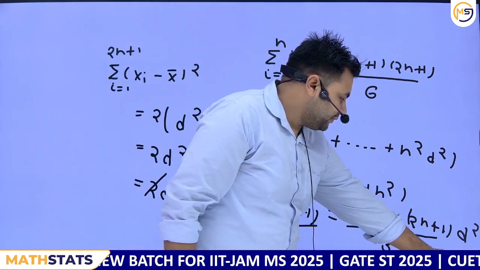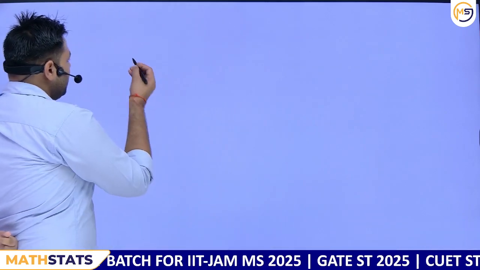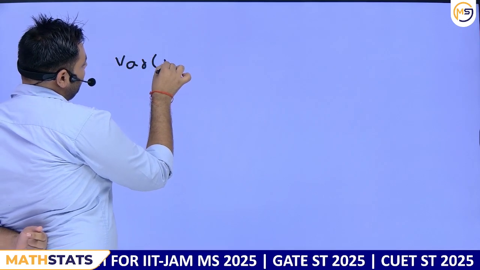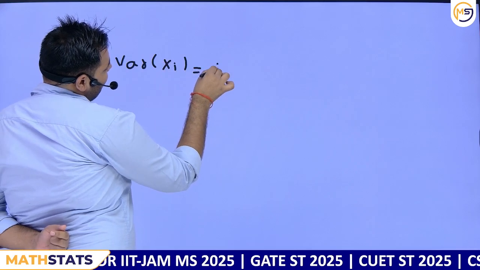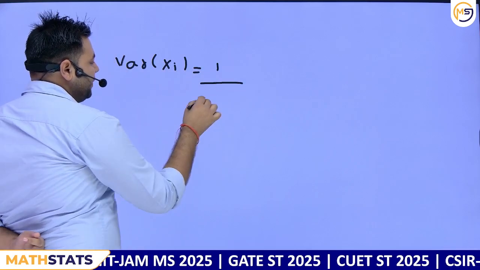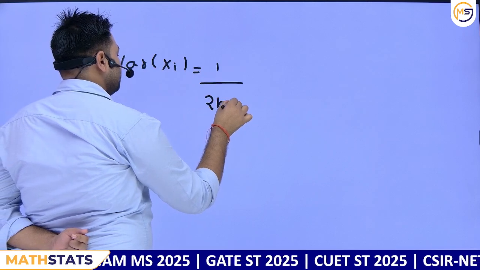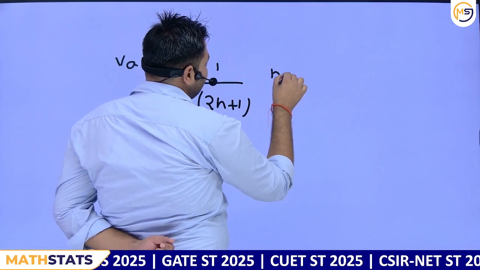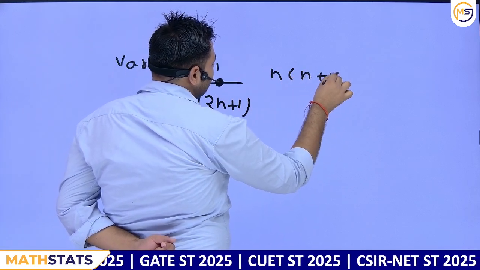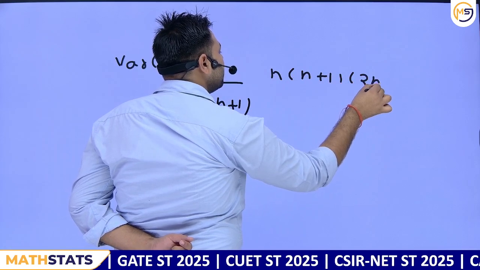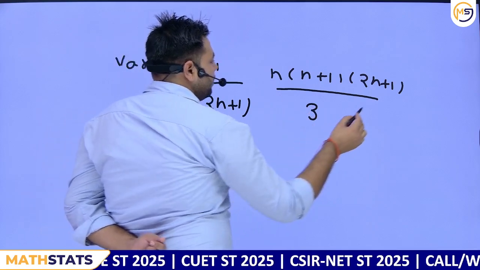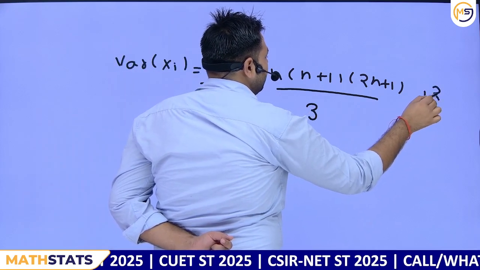Now, what is the variance? The variance of xi equals, how many terms are there? 2n plus 1 terms. Now what is the value of the summation? We get n plus 1 into 2n plus 1 by 3 d square, okay.